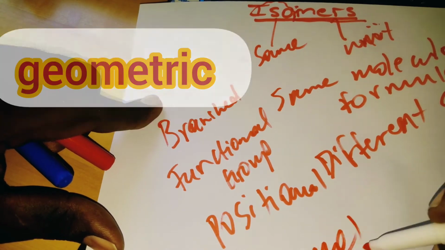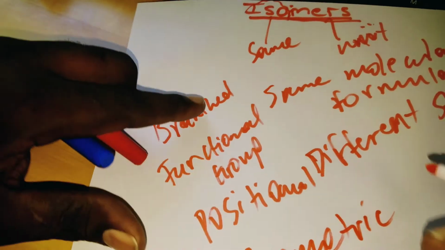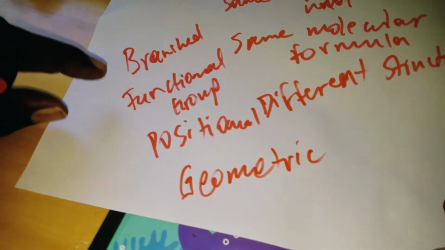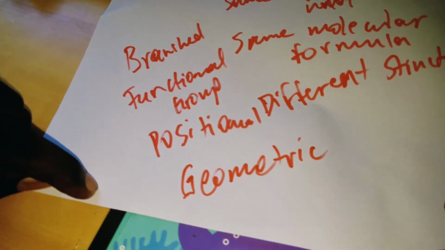That means it has to do with some shape thing. So you have your branched, your functional group, your positional, and your geometric.